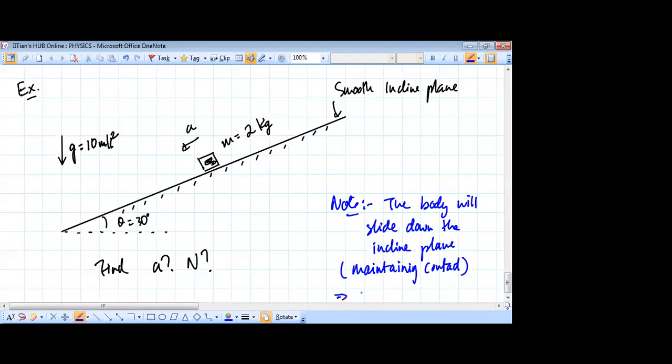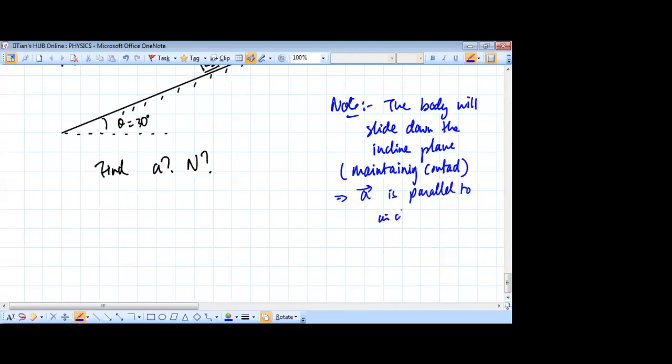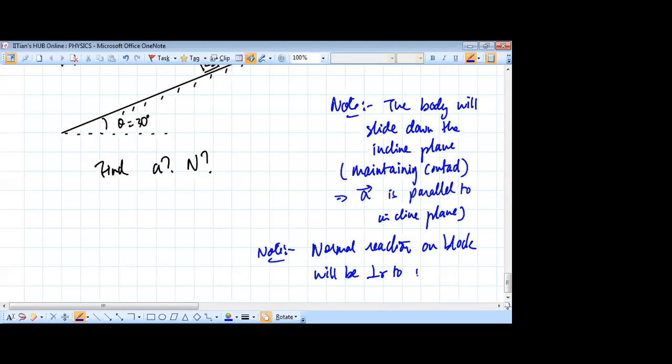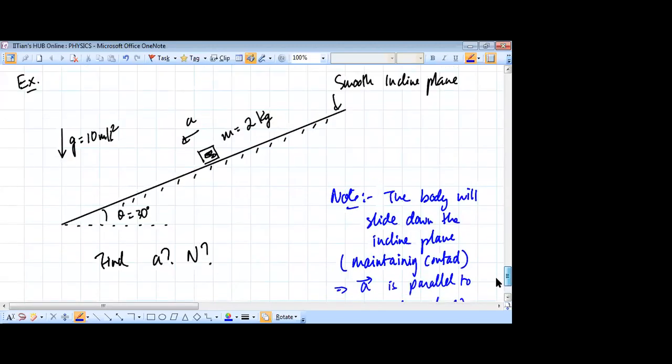That means the acceleration vector will be parallel to the inclined plane. That is the first thing to understand. And secondly, the normal reaction on the block will be perpendicular to the inclined plane. So these two things are important to understand.